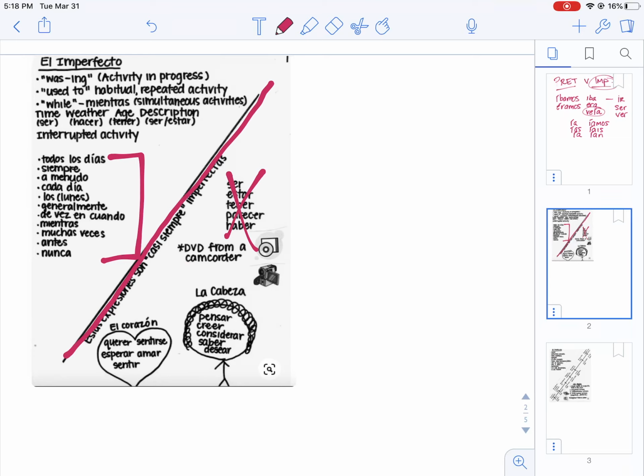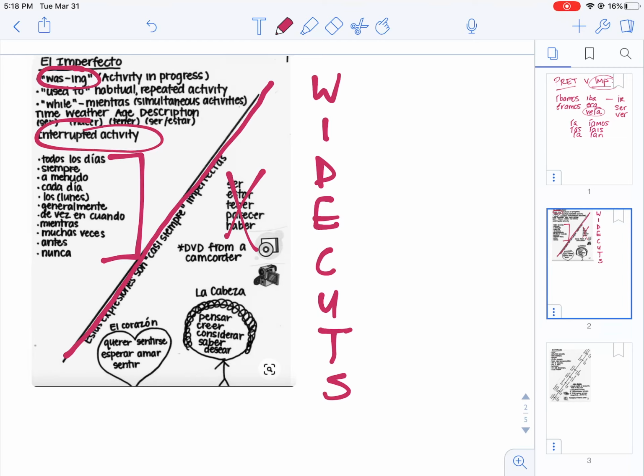We also had the idea of WIDCUTS, right? So in our notes we had WIDCUTS. W stood for was or were -ing, which is up here. I is interrupted activity. So I was walking down the street and then someone said hi.